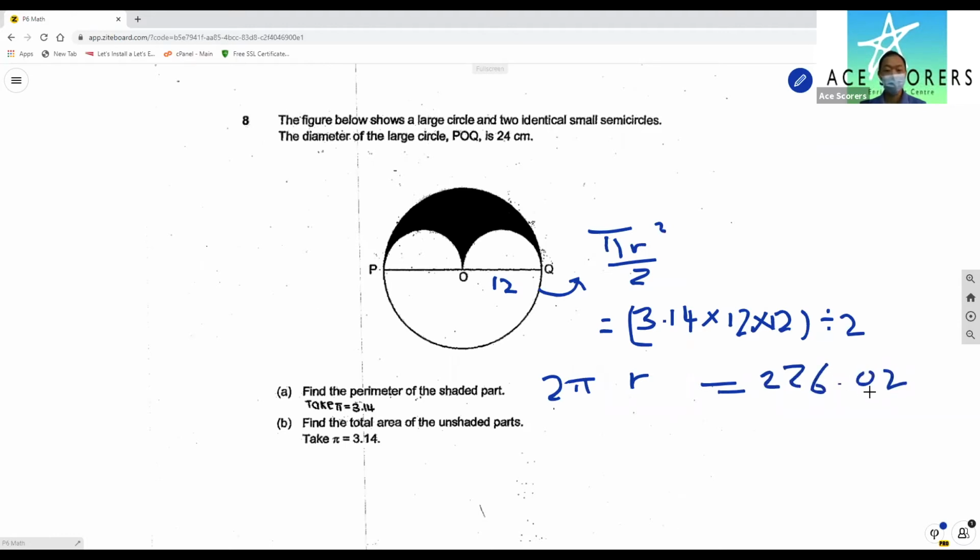226.08. Okay, so that is the unshaded part at the bottom. Now find this one. Two of them, two semicircles become one big circle, right? So it's just pi r squared. But what is the radius? The radius is half, so it's 6. So 3.14 times 36, 6 times 6, 36.